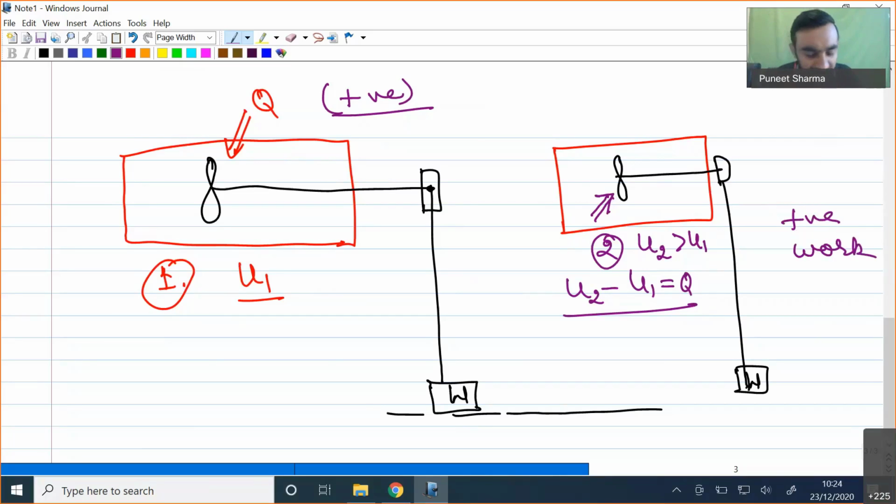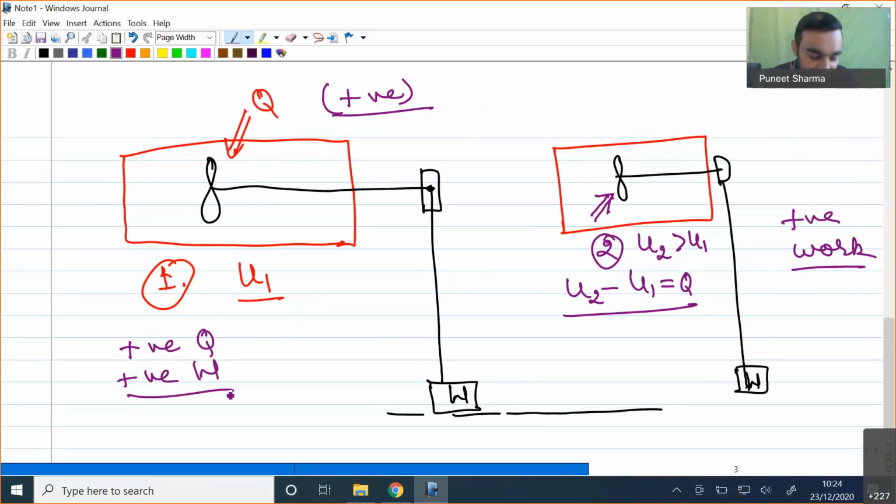So from this particular example, we can conclude that we cannot operate a thermodynamic system in a cyclic manner by having only the knowledge of the first law of thermodynamics, where we have both positive heat and work interactions. That is one very important point.